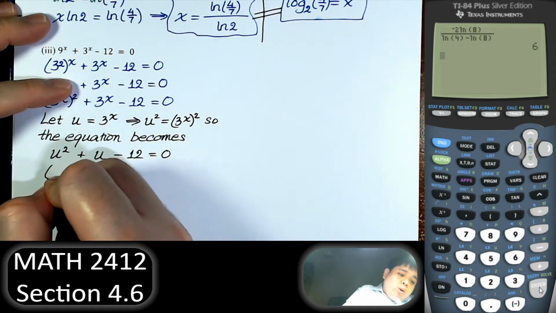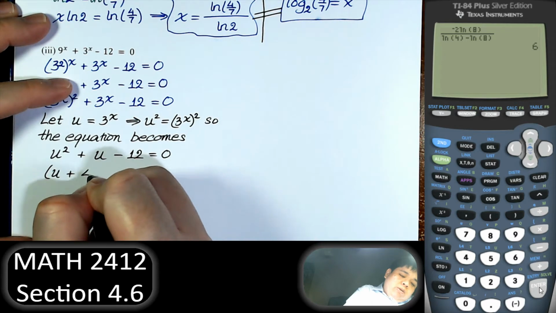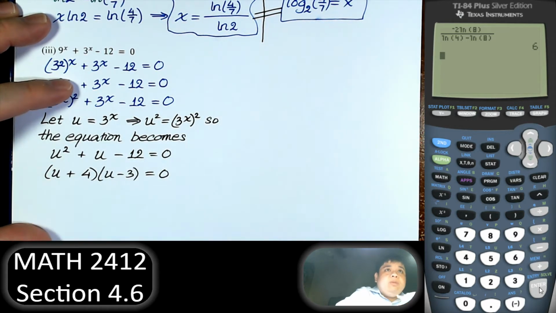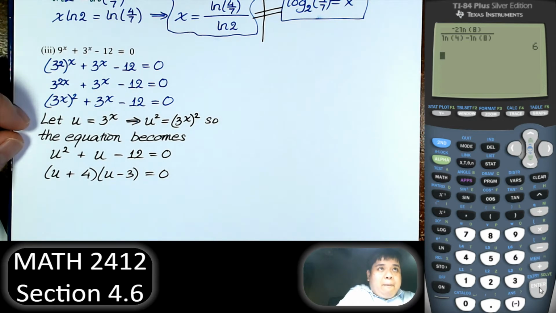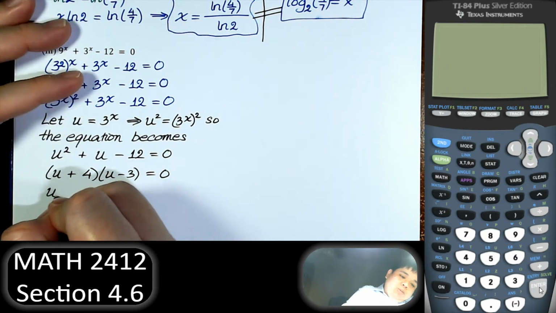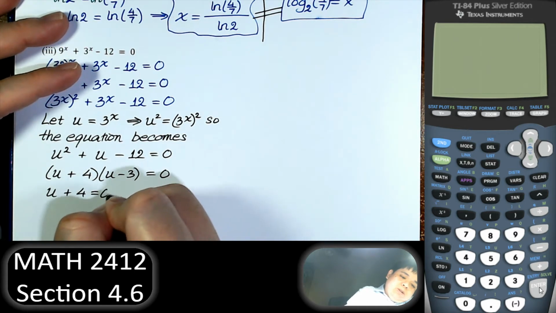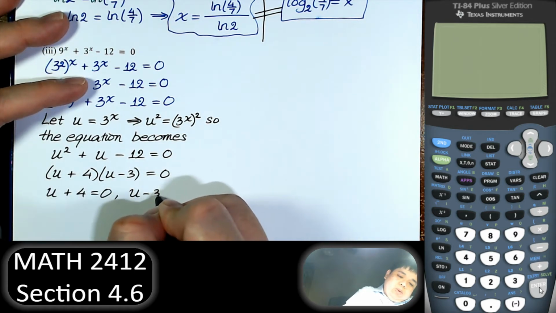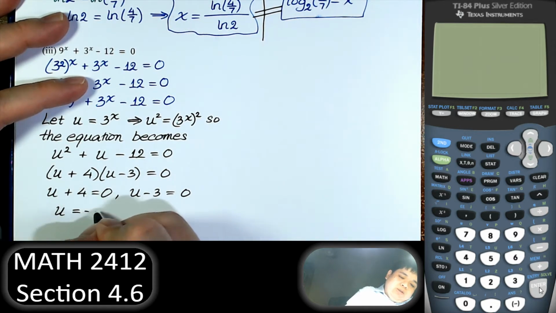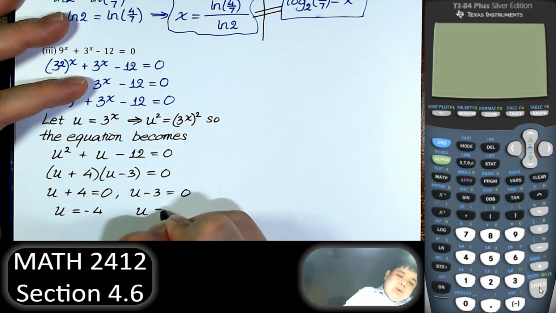Certainly 3 and 4 will work: plus 4, minus 3. So that is the factorization, right? So we have u plus 4 equals 0, or u minus 3 equals 0. So u equals minus 4, or u equals 3.